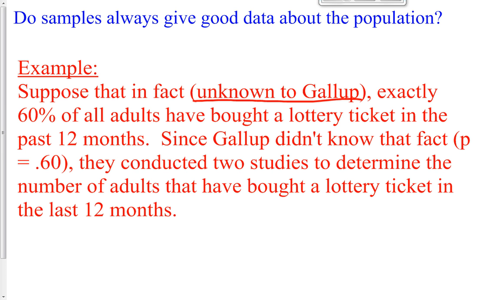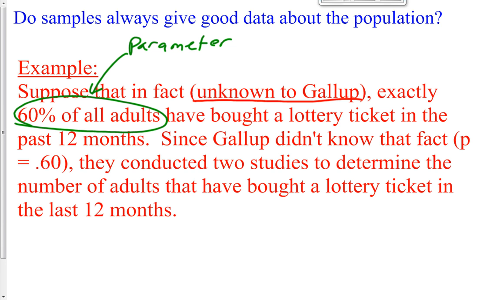In this study, exactly 60% of all adults have bought a lottery ticket in the past 12 months. So this is not a statistic. This is a parameter. This is true of the entire population. It is a fact. You could bring that home to the bank. That is a known fact.